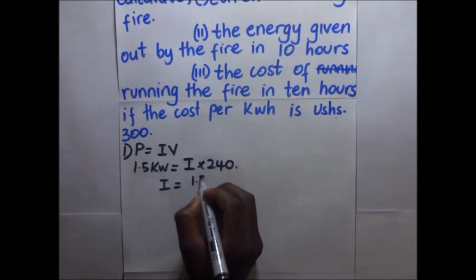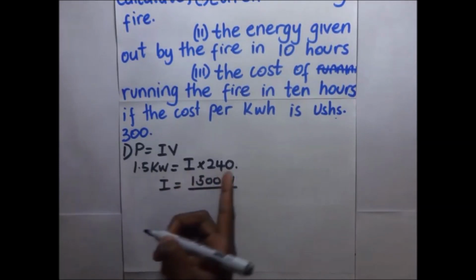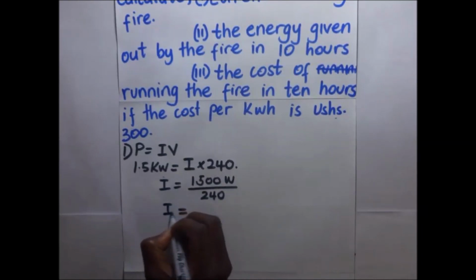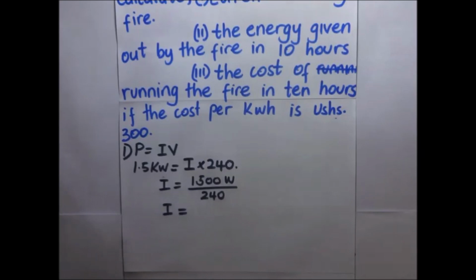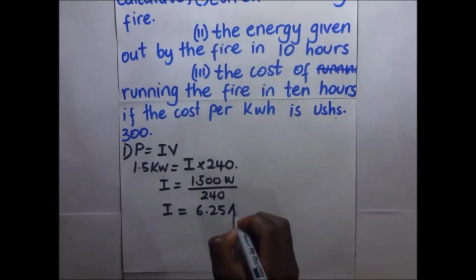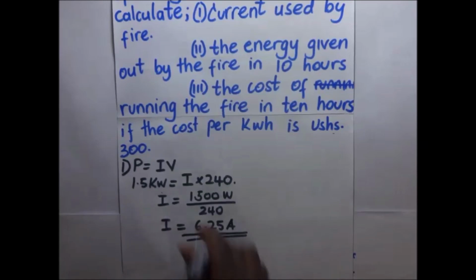It becomes 1,500 watts. Divide that by 240 volts, and our current is simply going to be 6.25 amperes. That's the current. We go to Roman 2.